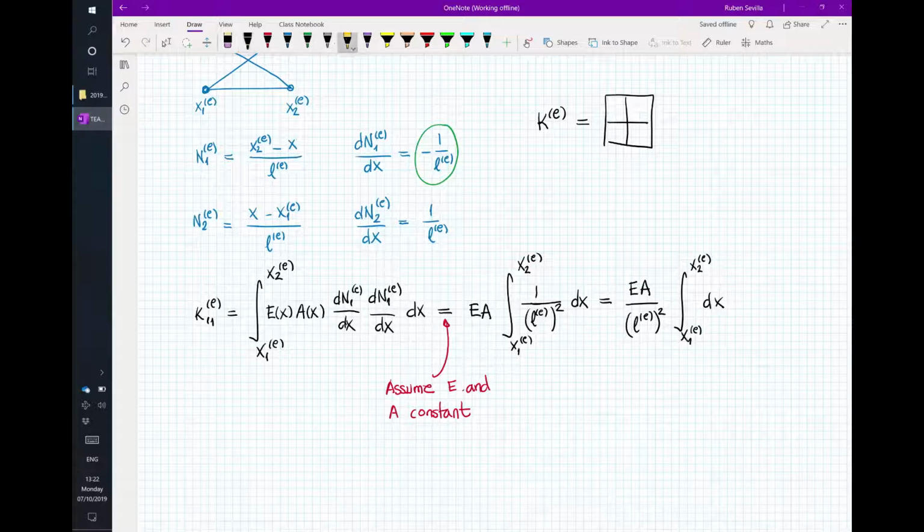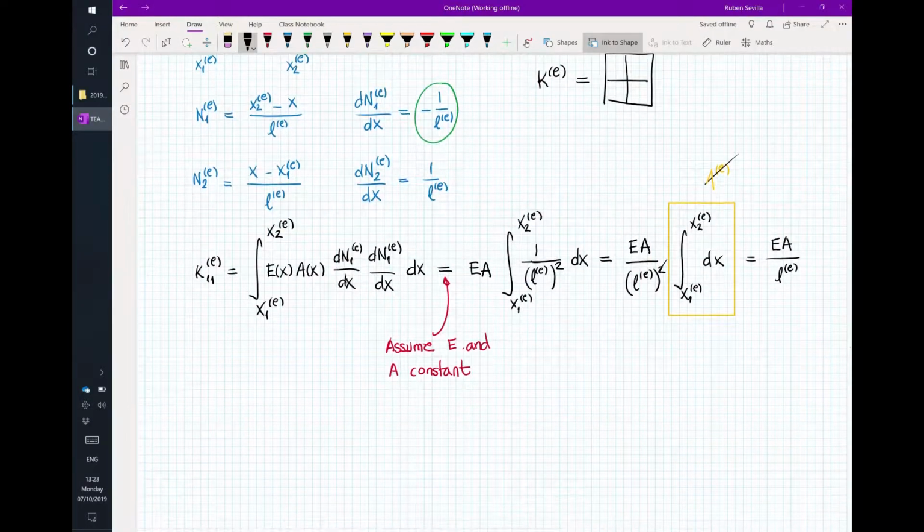So, what is this integral then? The length, correct. This is nothing but the length. So one of the lengths cancels, and I have my expression, EA divided by the length. Agree? If not, tell me if there is something that you don't see. Clear? Right.